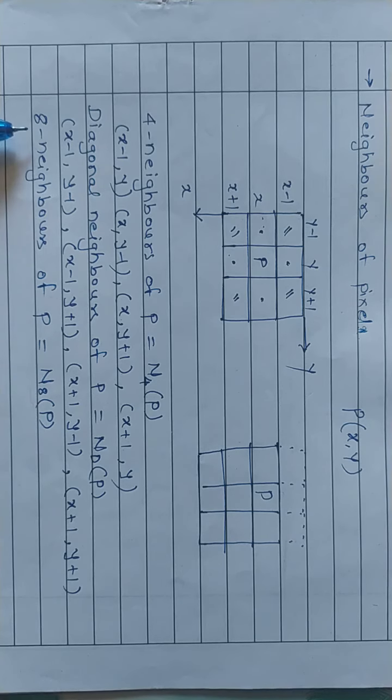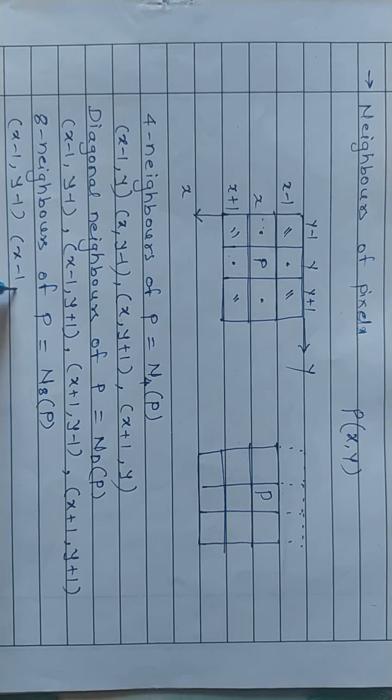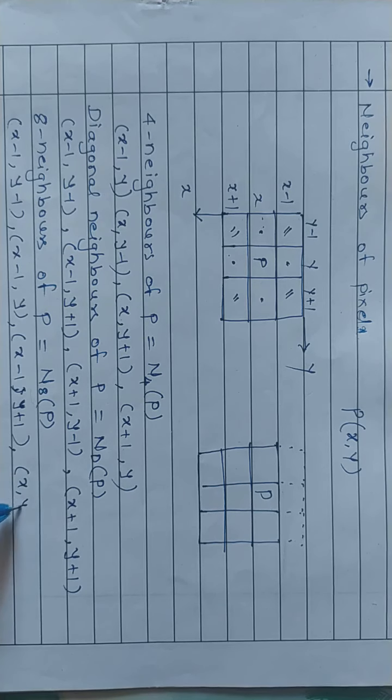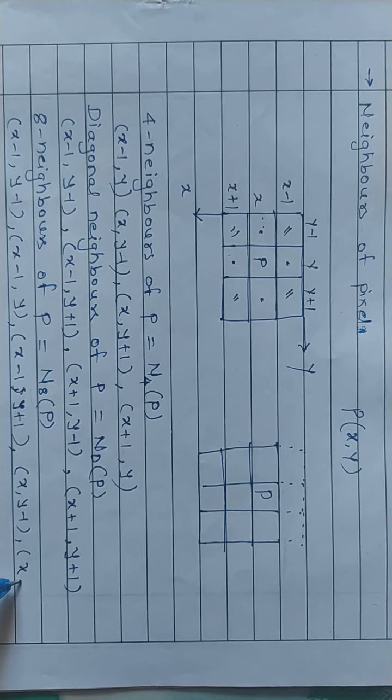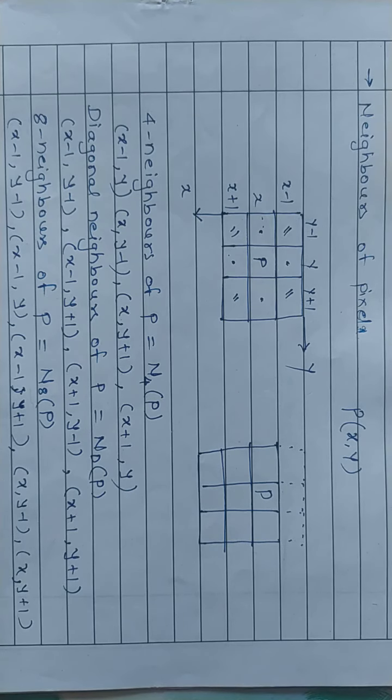So we can write the 8 neighbors of pixel P as x minus 1, y minus 1, x minus 1, y, x minus 1, y plus 1, then x, y minus 1, x, y plus 1, then x plus 1, y minus 1, x plus 1, y, and x plus 1, y plus 1.